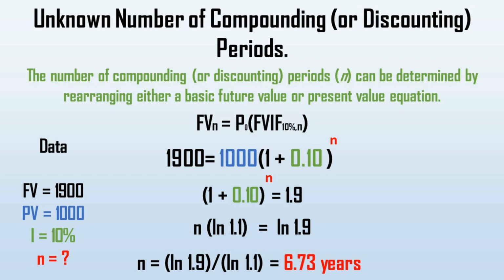As you know, natural logarithm is the reverse of exponent. We can use natural logarithm to shift the exponent down here. So n multiplied by natural logarithm of 1.1 is equal to natural logarithm of 1.9. By solving this equation, we get our answer, that is 6.73 years.